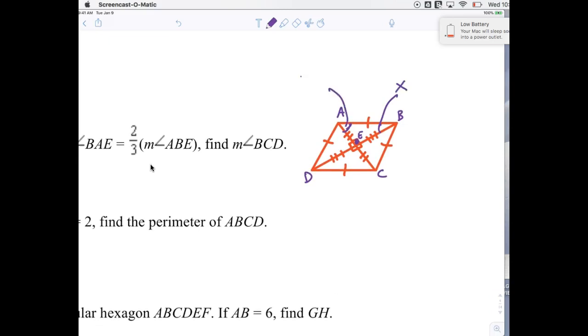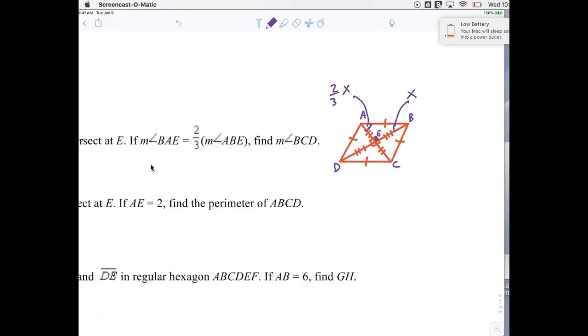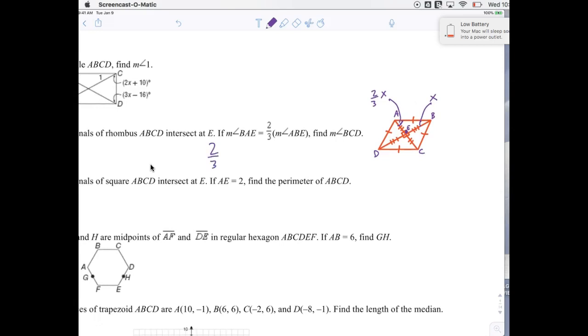So that's x, and that would be what? 2/3 x. And then I add them together, and they equal what? 2/3 x plus x equals how much? 90. Everybody with me? So 5/3 x equals 90. So x is equal to what?